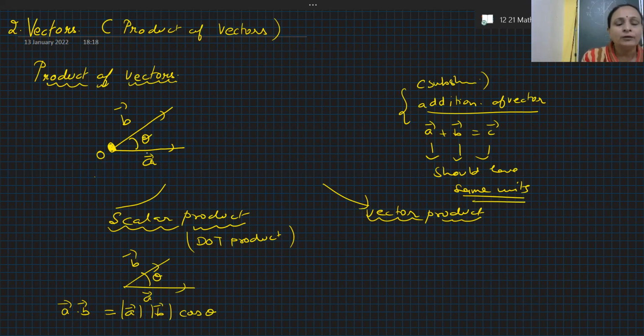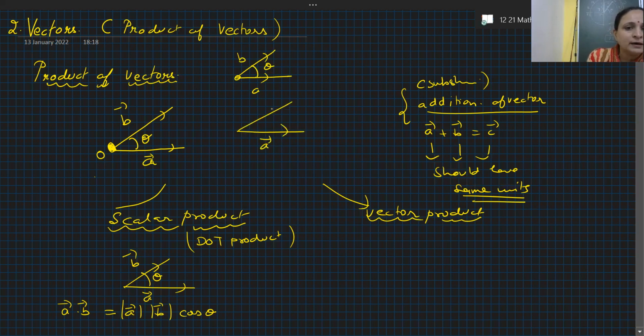Is it clear? Now, how do I take the angles? Whenever I take the angle between the vectors, mark it for sure that this is the vector A and this is the vector B. Both should be in this way. This should be the angle. But if you have got a vector A like this and another vector pointing towards here, you will not consider this angle.